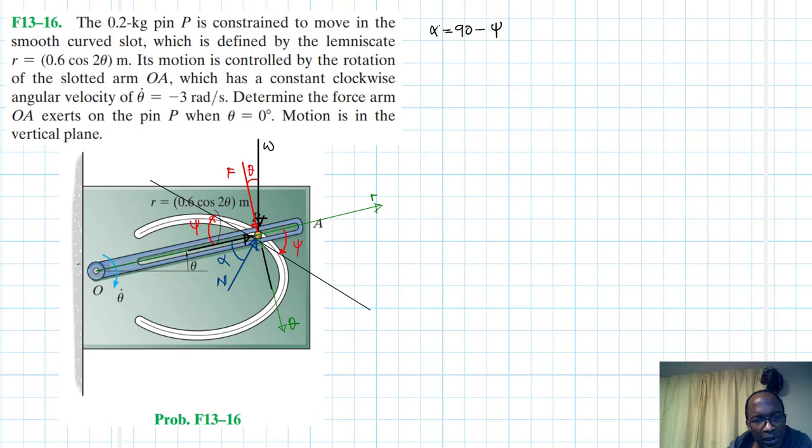Then for the weight, we're going to have a component in this direction, as well as in this direction. What else?